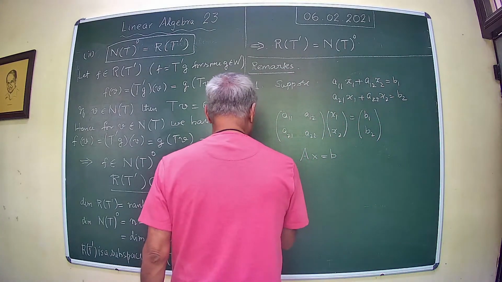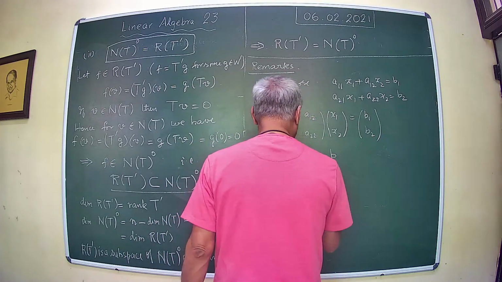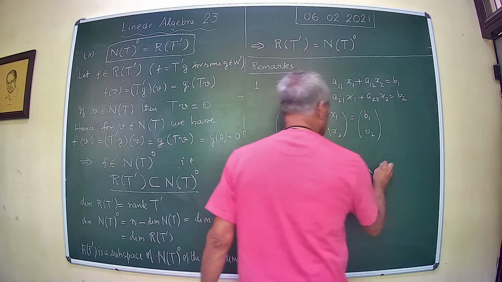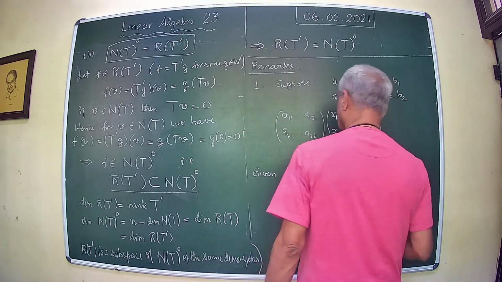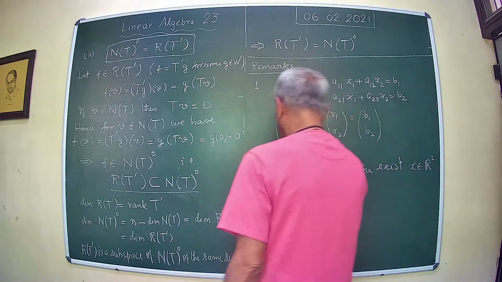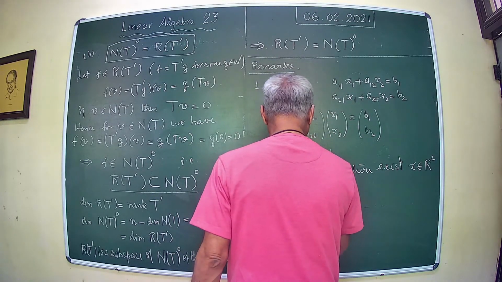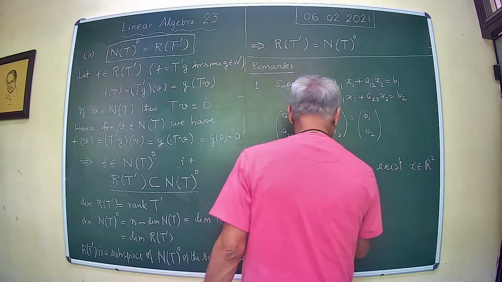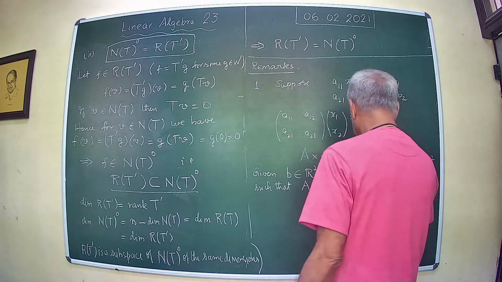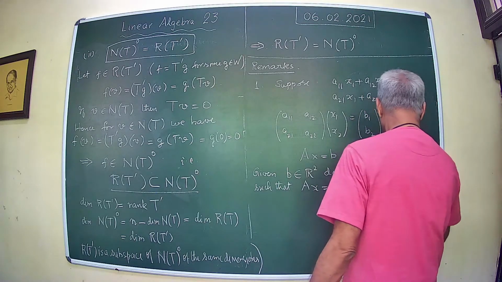So given B belonging to R2, such that, and a larger question is, or if yes, is it unique?